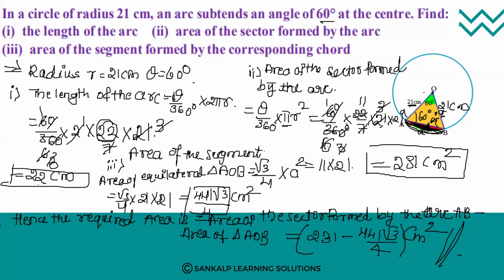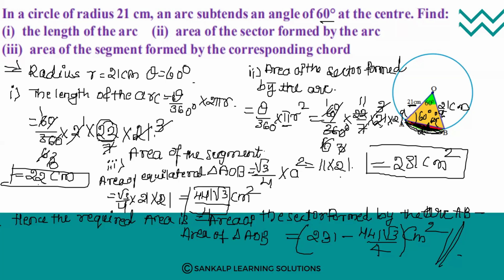Here OA is a, OB is a, so a is the length of the side, which is the radius only. a is 21, 21 into 21. That means 21 whole square is 441 root 3 divided by 4 centimeter square. So this is the area of the equilateral triangle AOB.